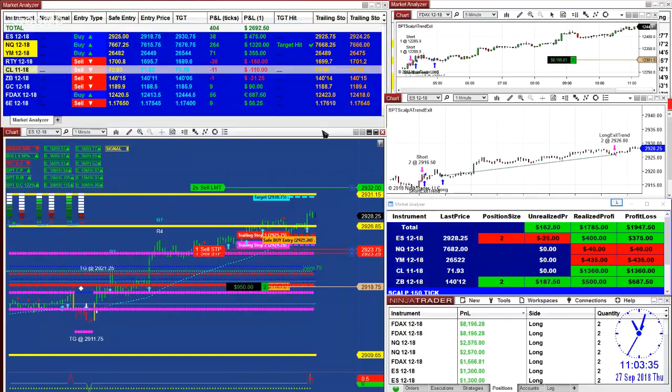Also, we had a signal on the Russell, and I was surprised why it was short the Russell when the ES, Nasdaq and Dow Jones are long. That short signal on the Russell didn't work, and the CL we're actually still struggling on that trade. Why?